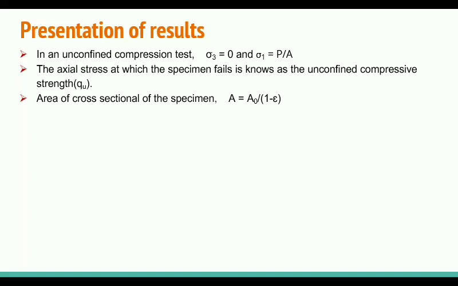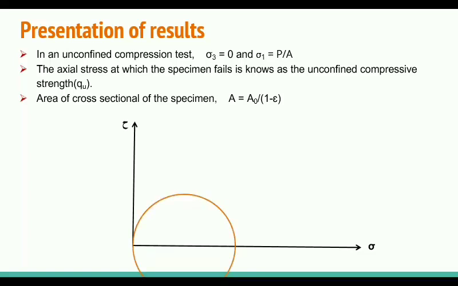And A is the cross section area of the soil specimen at any point of time, right? Good. So now whatever data we get, we can draw on the tau-sigma axis, where tau is the shear stress on the vertical axis and sigma is the normal stress on the horizontal axis.